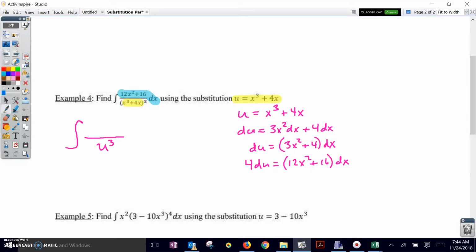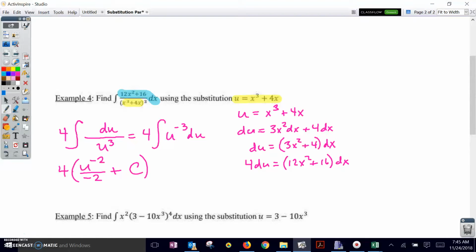I'm going to just go ahead and bring the constant multiple 4 out in front right away. And so what we're integrating is 4 times the integral of u to the negative 3 du. So now I take the antiderivative of that. I go up 1 power and divide by the new power.